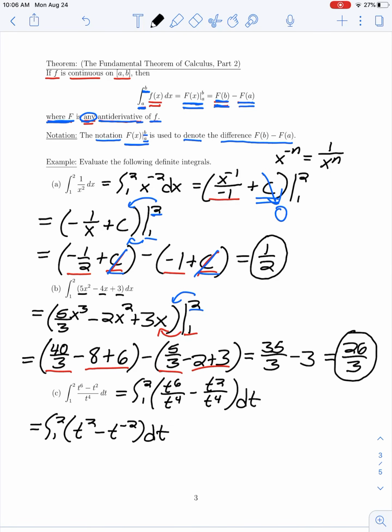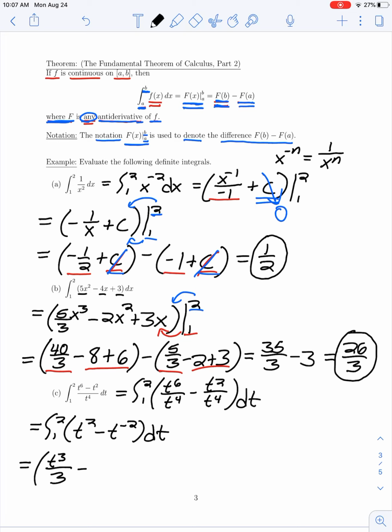So, finding an antiderivative of each piece now, I know that the antiderivative of a difference of two functions is just the difference of their antiderivatives. So for an antiderivative of t squared, I would have t cubed divided by 3, or 1/3 t cubed, minus t to the negative 2 power.